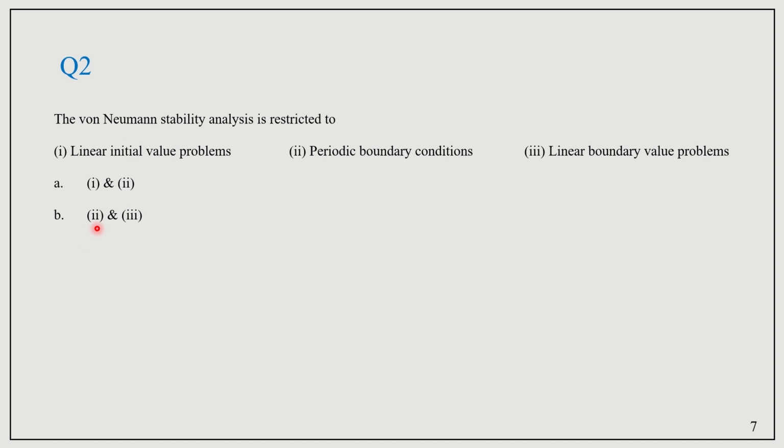Option B is 2 and 3. Option C is 1. Option D is 1, 2 and 3. Von Neumann stability analysis is restricted to linear initial value problems and periodic boundary conditions, so option A, 1 and 2, is the right answer.